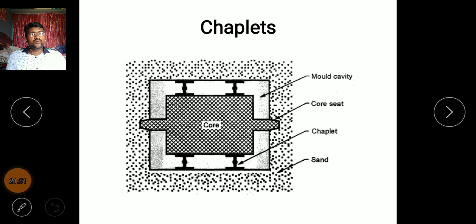Due to the movement, the core will shift, and the casting will have a defect. To overcome these forces, we are using a chaplet. The chaplet is made of the same material as the pouring molten metal. Whenever we pour the molten metal, the chaplets will melt due to the temperature of the poured molten metal, and it will mix with that.